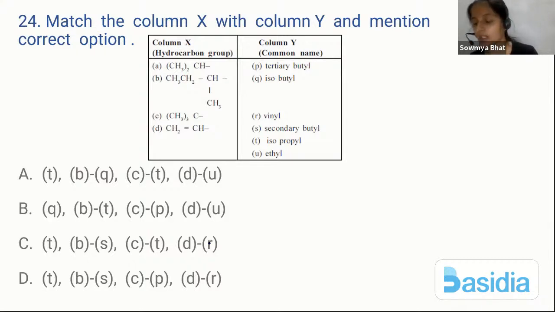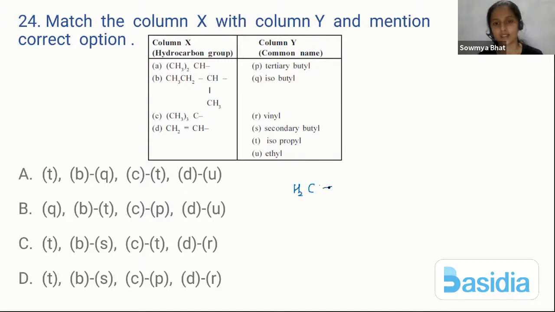That's question number 24. Match the column X with the column Y and mention the correct option. Again, you see which is easier, then go for the rest. That's the rule which you are going to follow. So I'll go with option D because that seems easier for me.